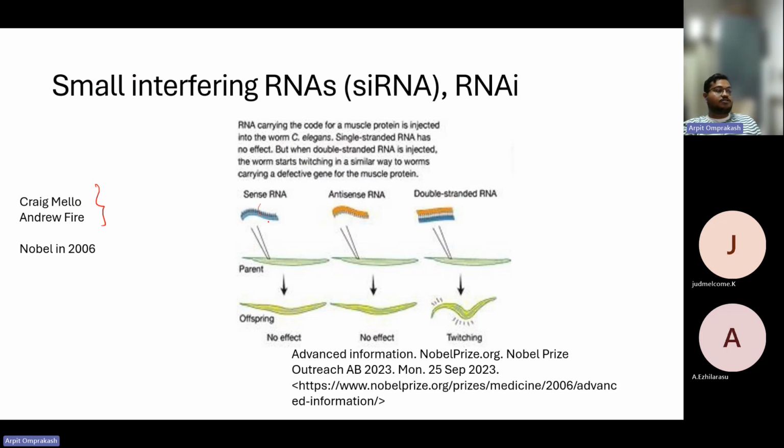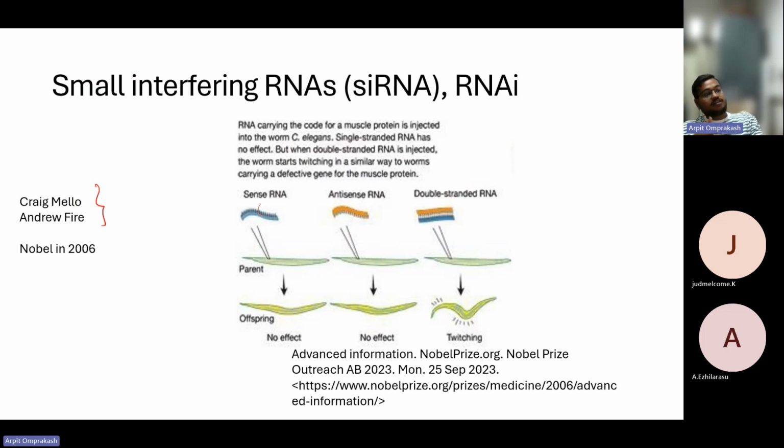If you introduce a double-stranded RNA into C. elegans, it silences a gene for a muscle protein that leads to twitching in the worm. They showed that a single-stranded RNA doesn't work. It's only possible with double-stranded RNA because the Dicer molecule needs a double-stranded RNA or a hairpin loop to attach.